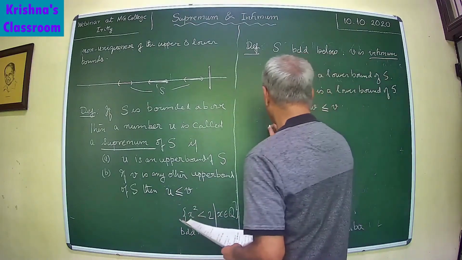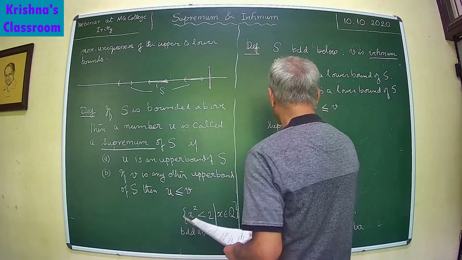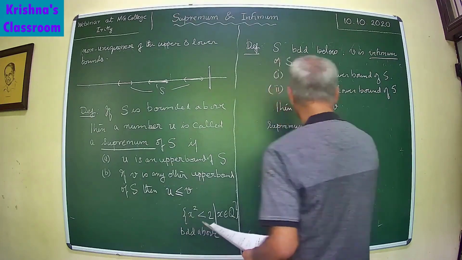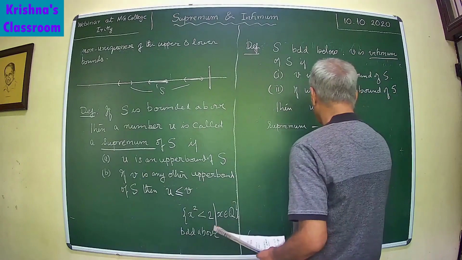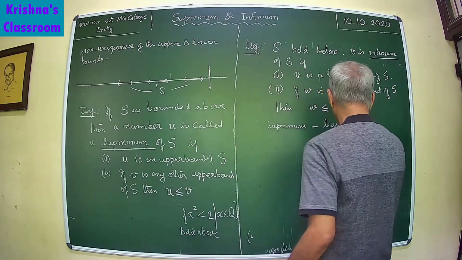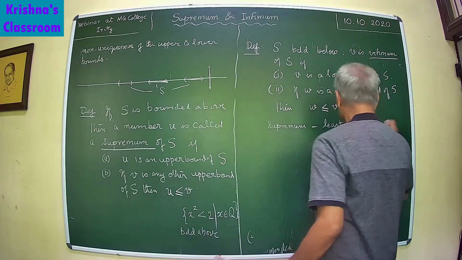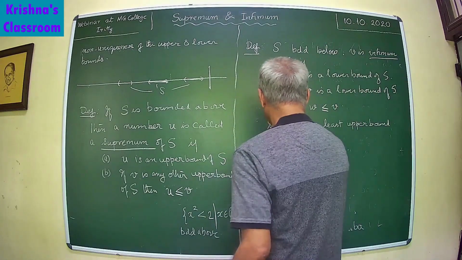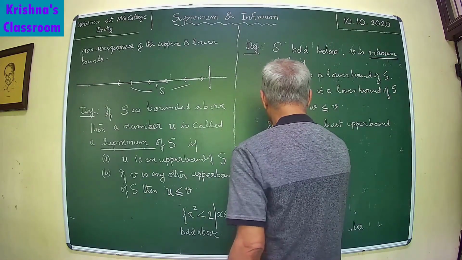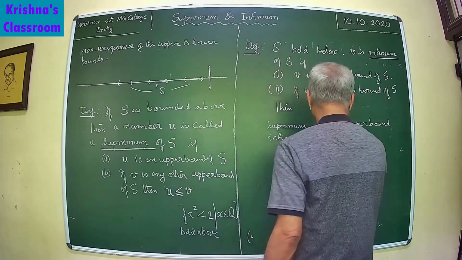Supremum is also called least upper bound, and infimum is also called greatest lower bound.